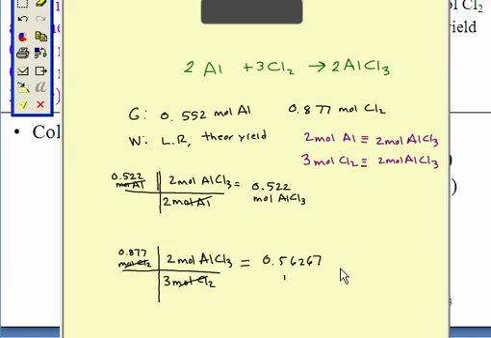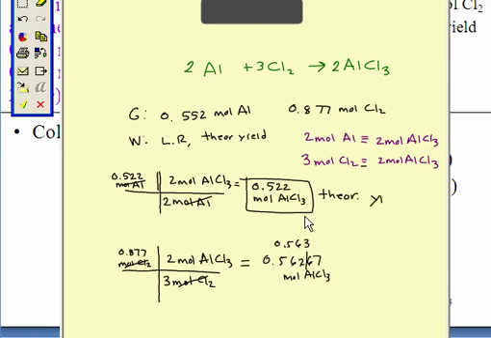0.56267, and I should have 3 sig figs, so 0.563 moles of aluminum chloride. They're pretty close, but this one is the smaller one. This right here is my theoretical yield.